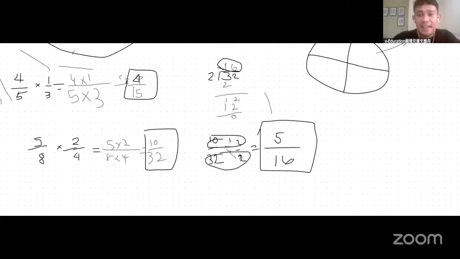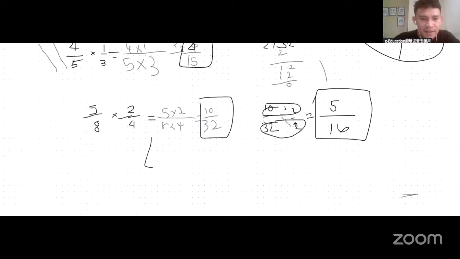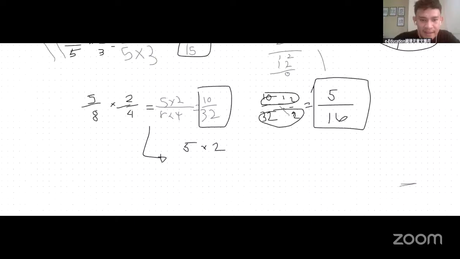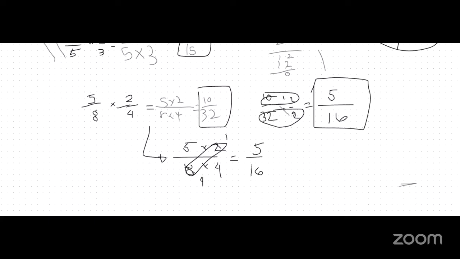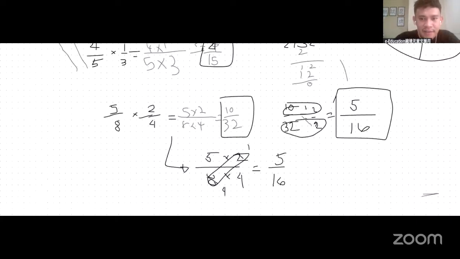So this is the final answer. Or we could just use the old method, what you did. So we have 5 times 2, 8 times 4. We cancel this. So this is 4. We have 5 and 16. So it's the same. But for you to have fewer errors, I want you to do this only and then just divide it.